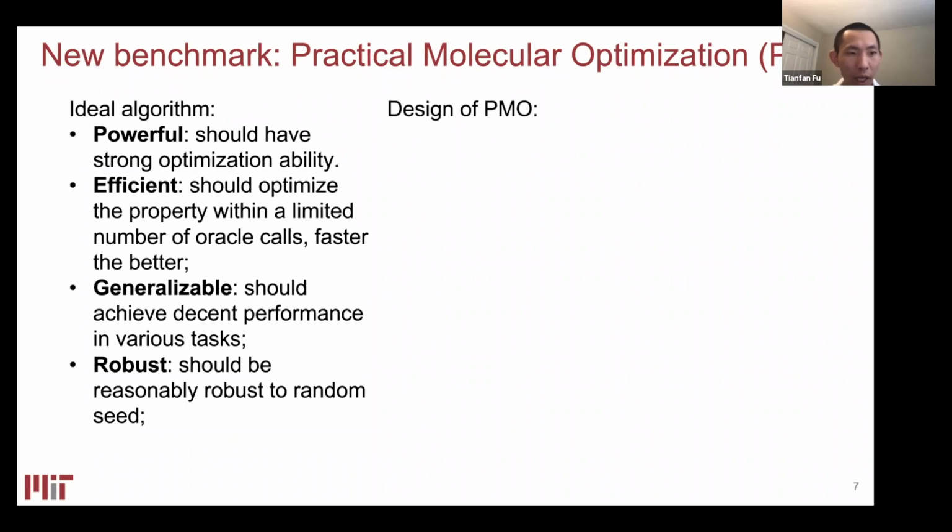Also, we expect the ideal molecular optimization algorithm to achieve decent performance in various tasks and be reasonably robust to random seed. So we design the practical molecular optimization benchmark to meet such requirements.